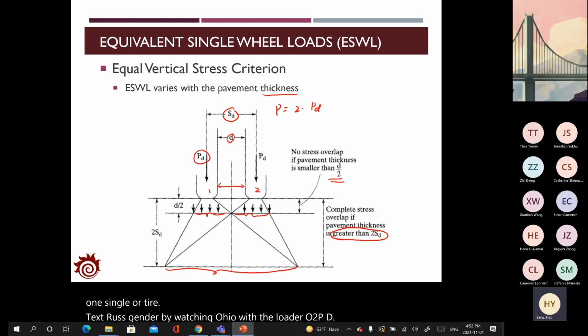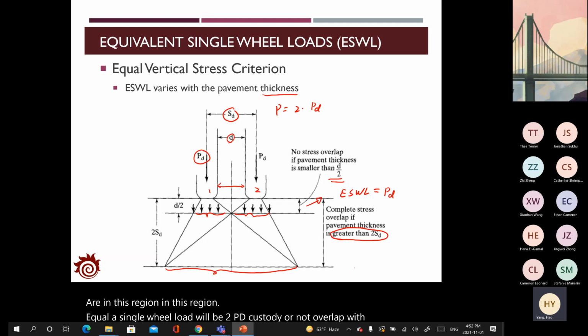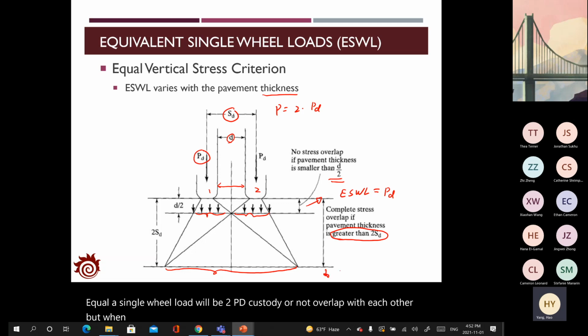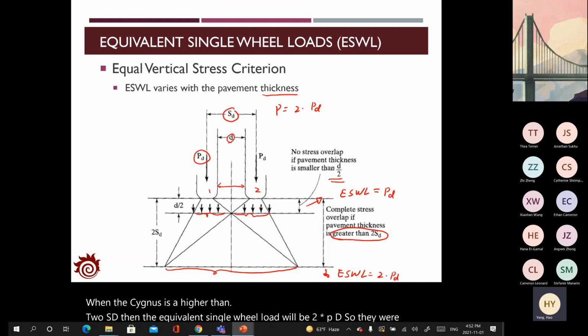So in this case, the equivalent single wheel load in the shallow region will be PD because they do not overlap with each other. But when the thickness is higher than 2 SD, the equivalent single wheel load will be 2 times PD, because they overlap with each other.